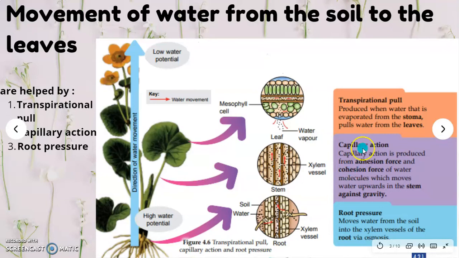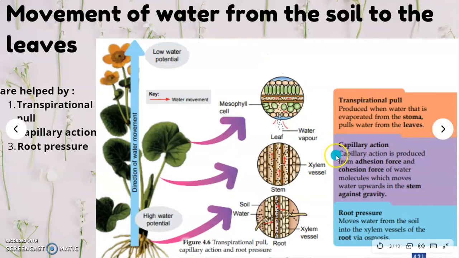And then, number 2, what is capillary action? Capillary action is produced from adhesion force and cohesion force of water molecules, which move water upwards in the stem against gravity. We already discussed capillary action in the characteristics of water in chapter 4 in Form 4. You still remember capillary action?